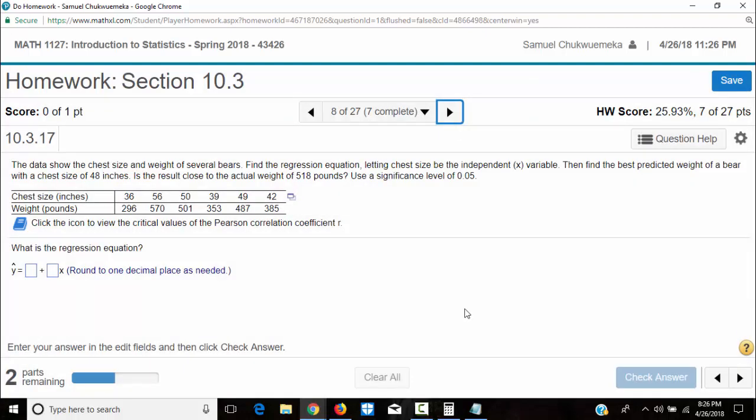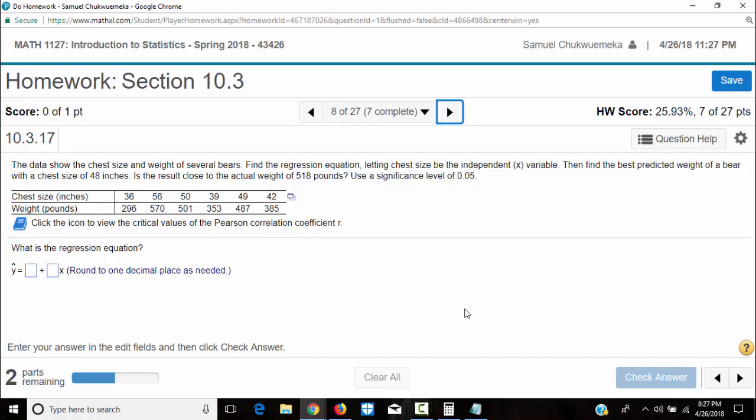Question 8. StatCrunch. The data show the chest size and weight of several bears. Find a regression equation letting chest size be the independent variable. Then find the best predicted weight of a bear with a chest size of 48 inches.